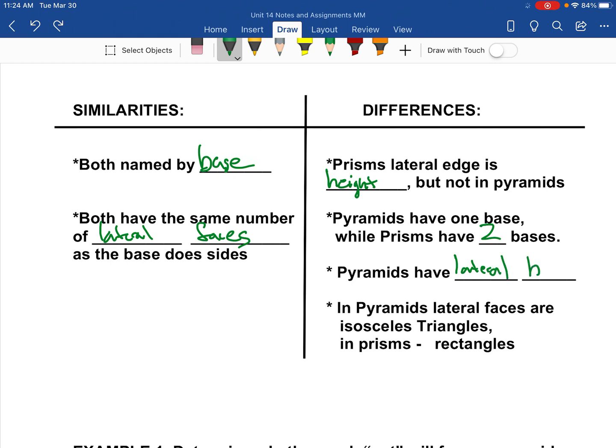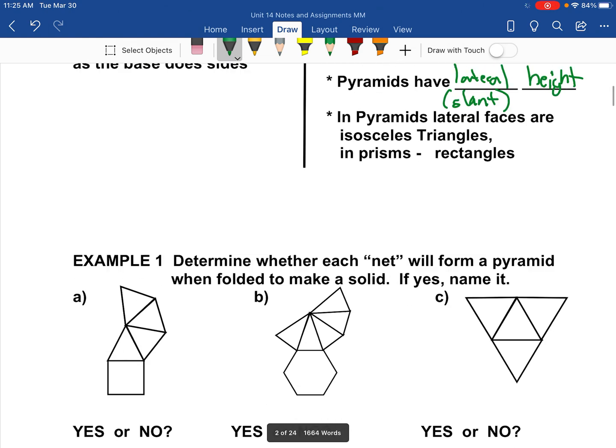A lateral height. Another way you're going to hear me say this is a slant height. Lateral height or slant height. In pyramids, lateral faces are isosceles triangles. In prisms, the lateral faces are rectangles. Those are some similarities and some differences.